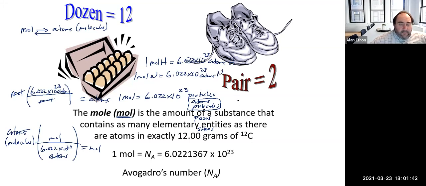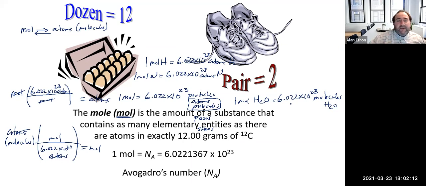If you had 1 mole of water, that would be 6.022 times 10 to the 23. But because water is not an atom, we would use molecules here of water, basically. So when you say you have 1 mole of something, it is representing that 6.022 times 10 to the 23 number. And you could use atoms, you could use molecules.